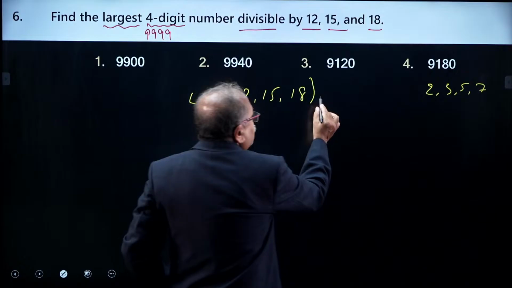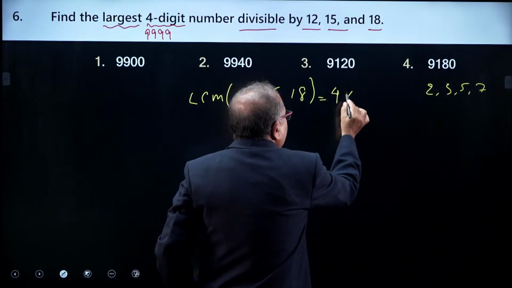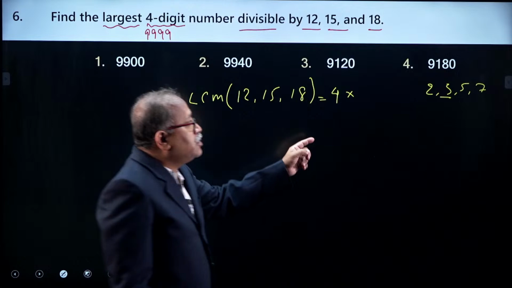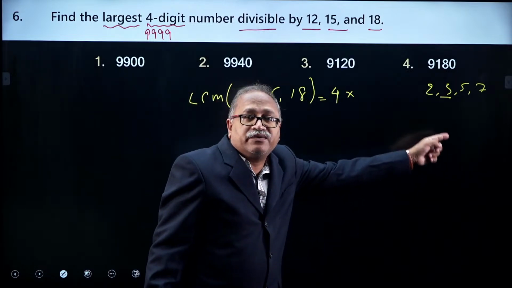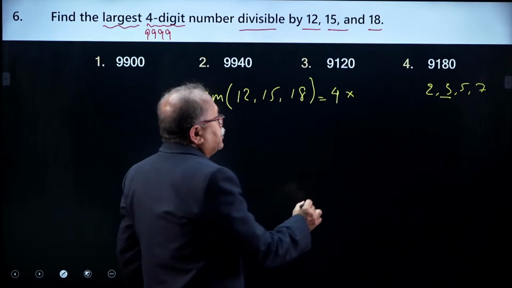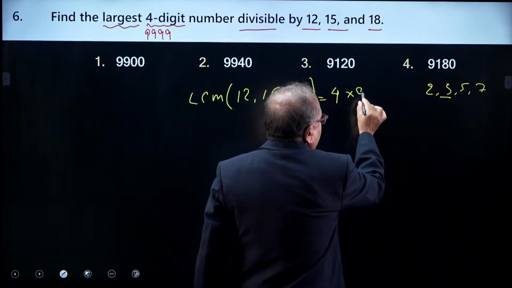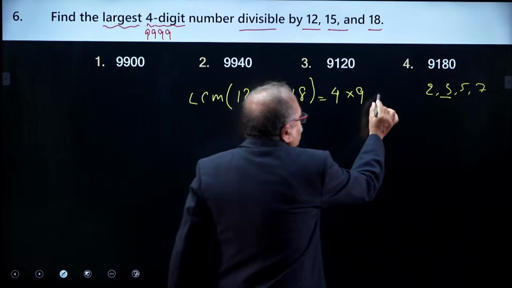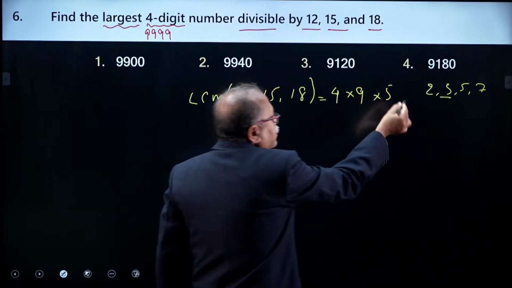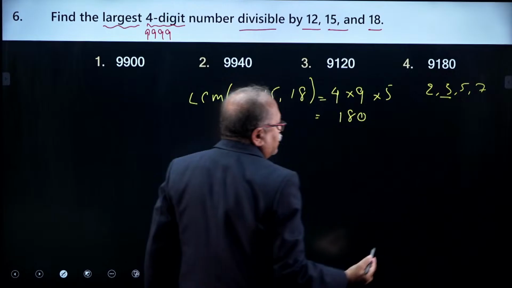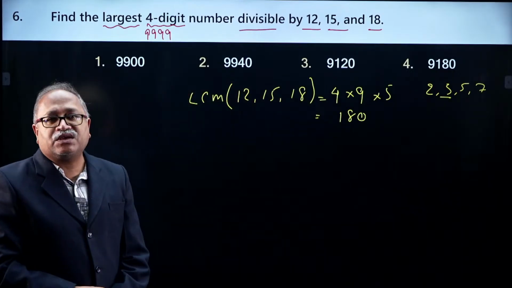No. So this is 4. And then go to the next prime number 3. 3, then 9, then 27, then 81. So what is the highest value here? 9 is there in 18, 9 into 2. So the 9. And after that in 15, 5 is there. So 5. So 4 times 9 times 5, that is nothing but 180. That is what my LCM is.